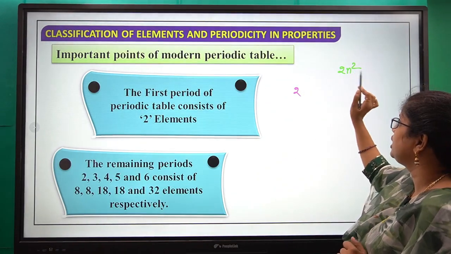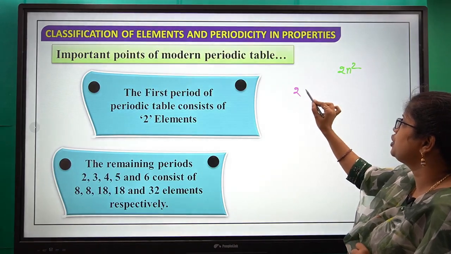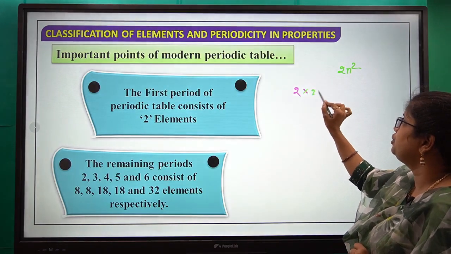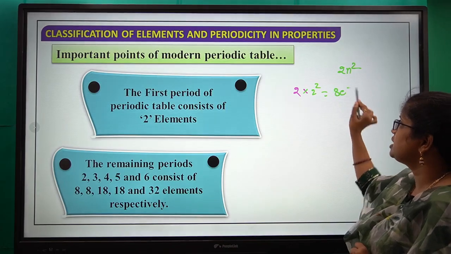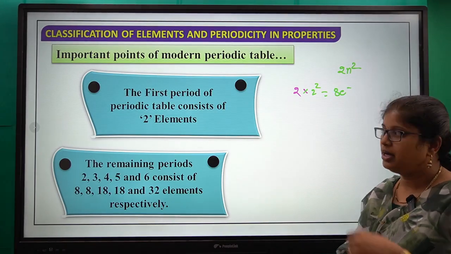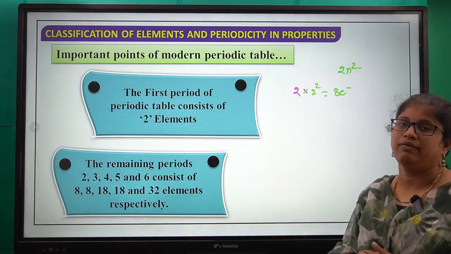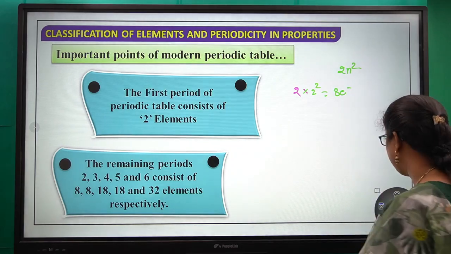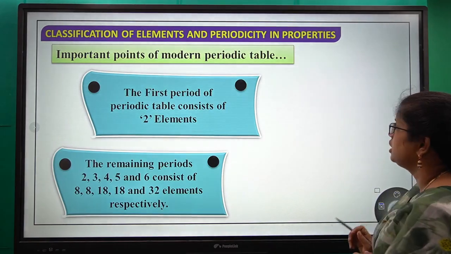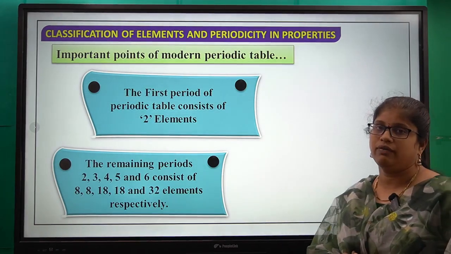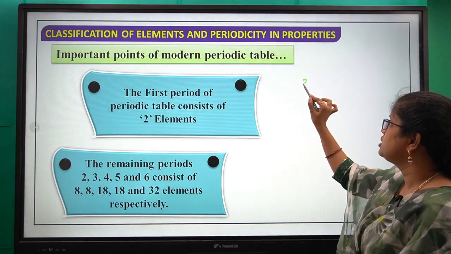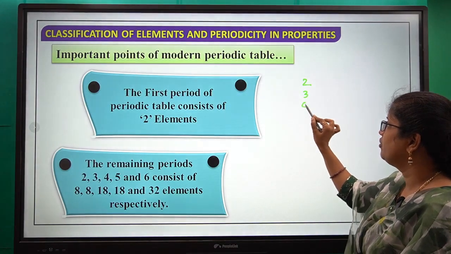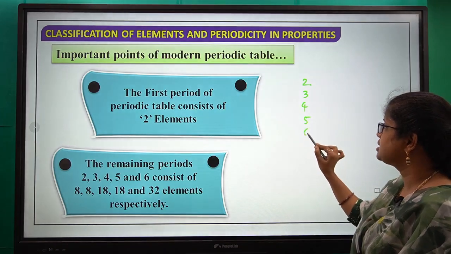So for example, take n equals 2. Now you substitute here, how much will you get? 2 into 2 square. 2 square means 4, into 2, 8. So the second shell contains 8 electrons, right? So that's why the second period will also consist of 8 elements. Based on that we can calculate the number of elements, or simply remember second, third, fourth, fifth, 6th.